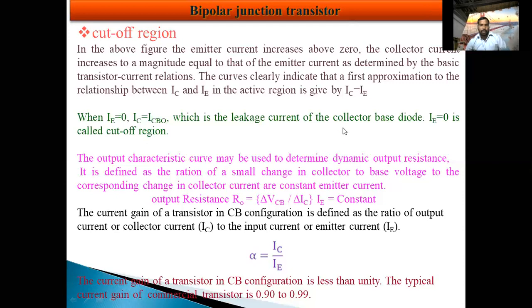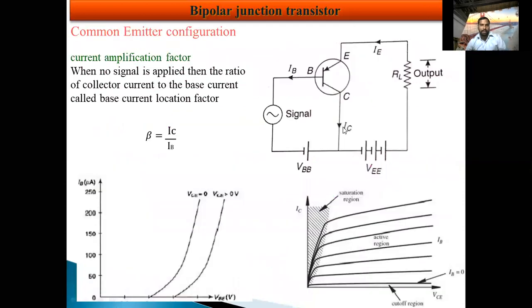Now another one, the common emitter configuration. See, this is a common emitter configuration. This is the common emitter, this is the collector, and this is indicated here.